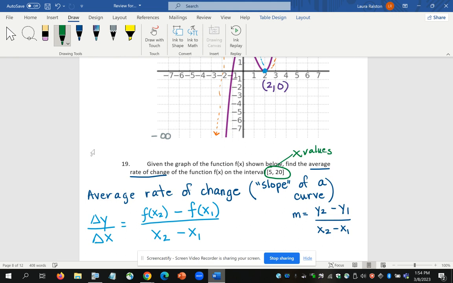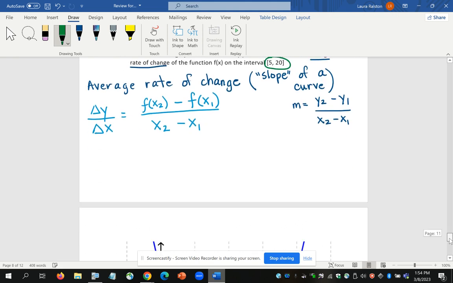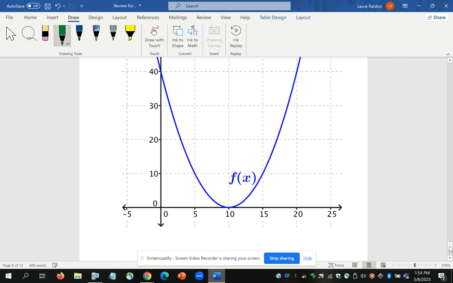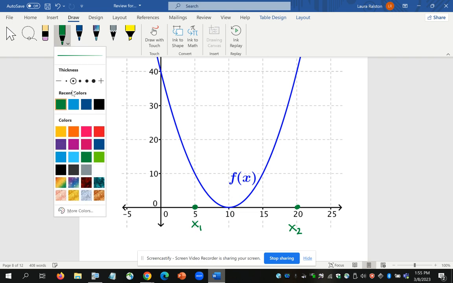So this tells me that I want to know what is the slope or the tilt of this curve as I move from 5 to 20. That's my x1, x2. That's given in the problem. So I need to figure out what these points are. This one I'm doing graphically, so I'm looking for the points on the graph.